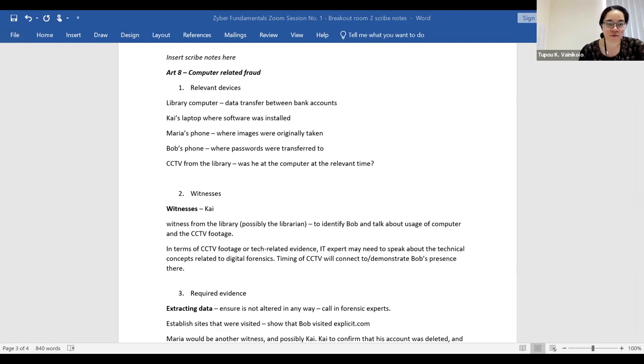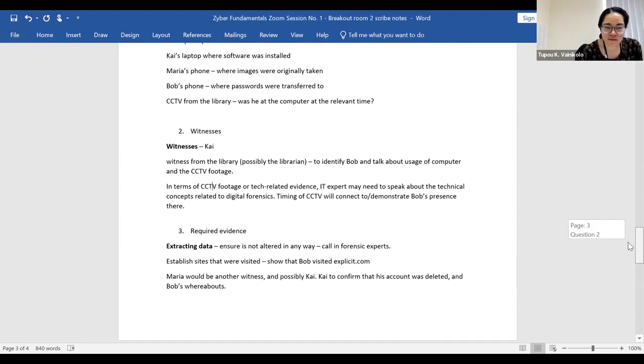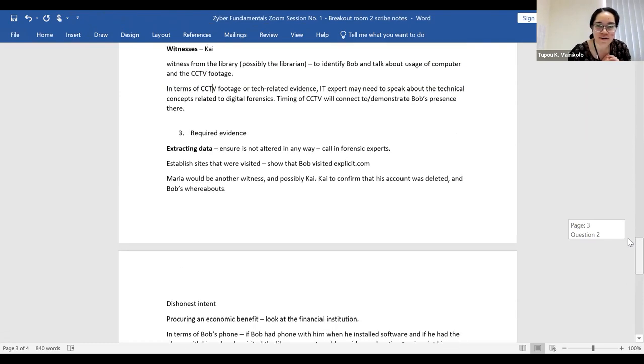The IT person could talk about the data that was extracted from the computer. Another important witness would probably be a digital forensic analyst from the Tonga police, someone who was actually in the police force. Sorry, did I cover all of the witnesses there?